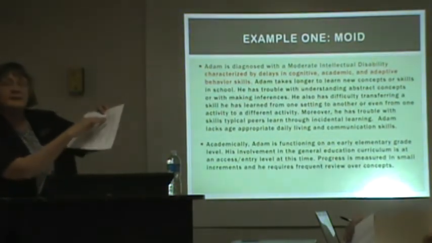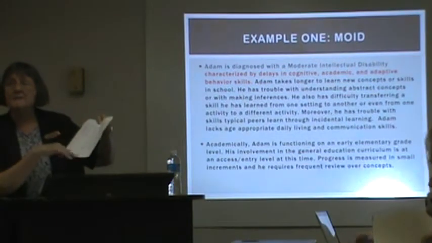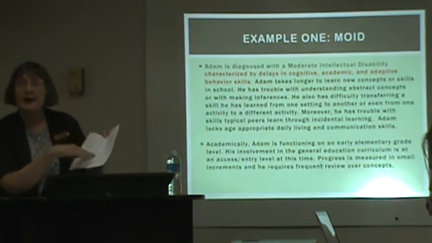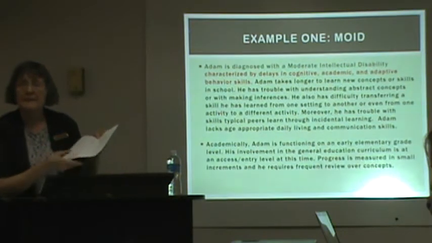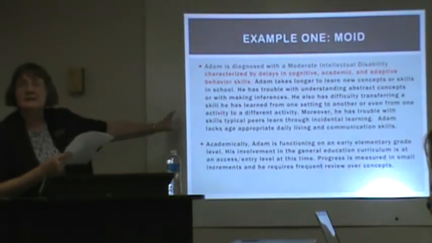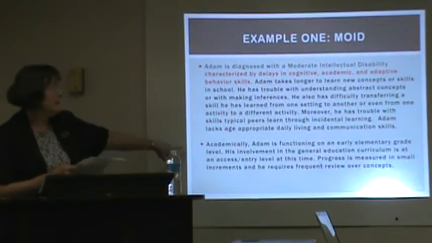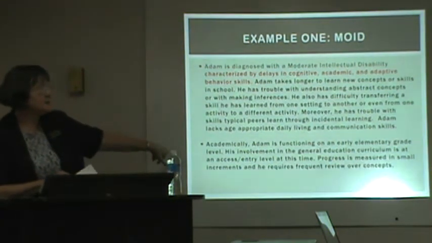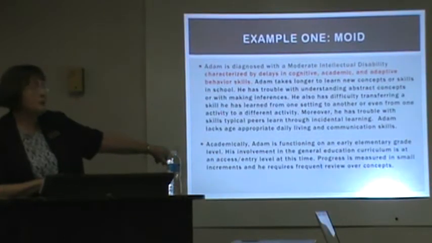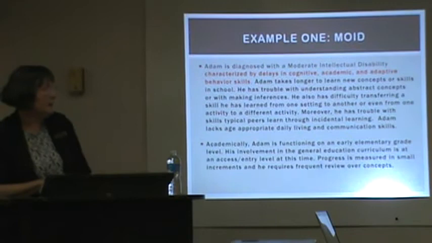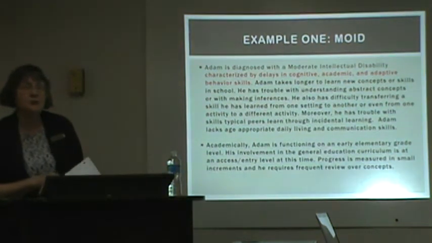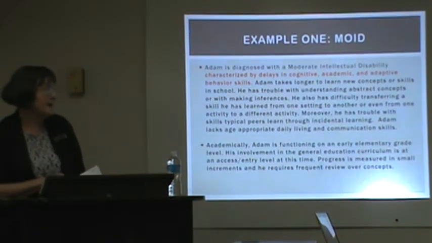So what I did was look on the impact and find the ones that apply to Adam, that are true for him, and word that so that it's personalized. Okay? Now I also put he's functioning on an early elementary grade level, and his involvement in the general ed curriculum is at an access or entry level at this time.